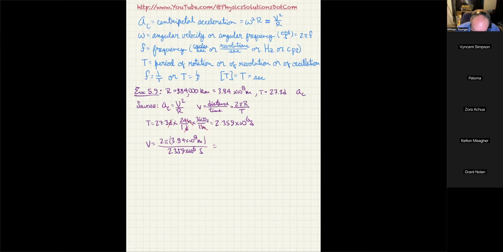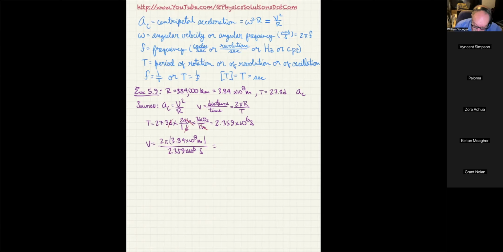So this gives me 10.23 meters per second. That does not seem right. Let me see. I see why. Okay, I made a mistake on my calculation. It's 2 times 3.14159 times 3.84 times 10 to the eighth.